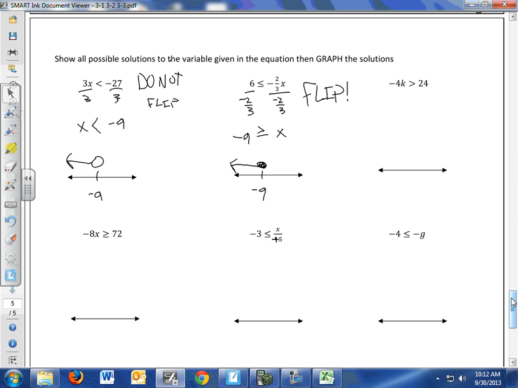When you divide by a negative, you have to flip. If you divide both sides by a negative, like we did here, you must flip your symbol.